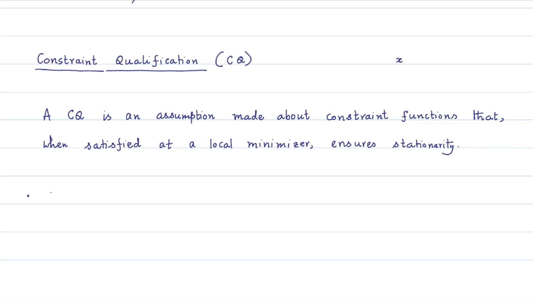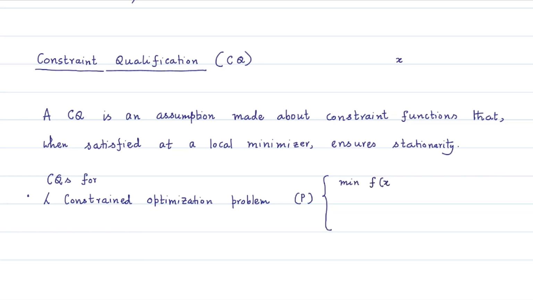Now next, for the moment we consider the case when we only have inequality constraints. So for the time being, at first we consider the constrained optimization problem given by: minimize a function f(x) of several variables subject to g_i(x) less than or equal to 0 for i equal to 1 to m.